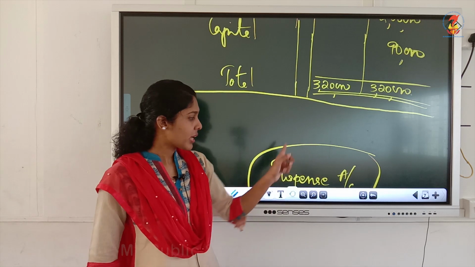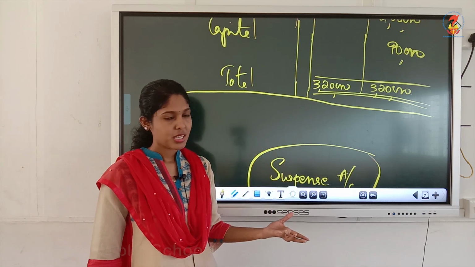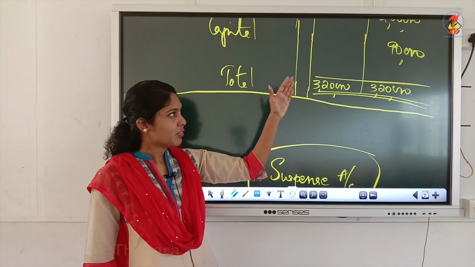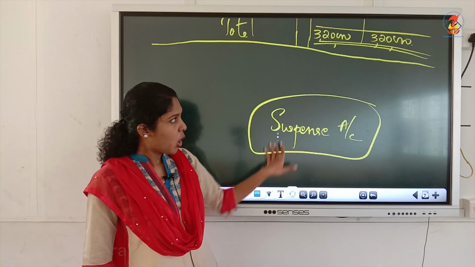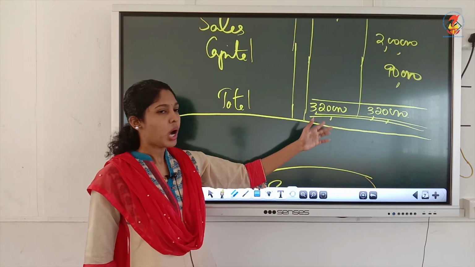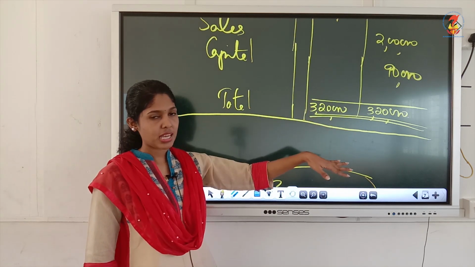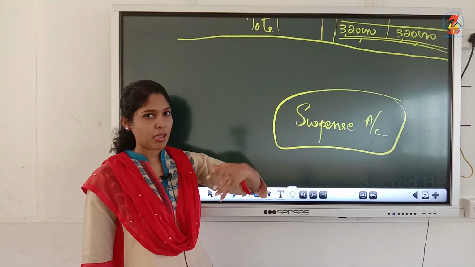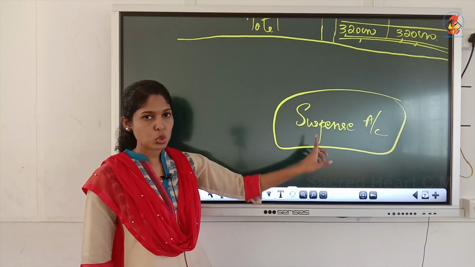But that time do not write suspense account, you will not get marks because that is your mistake. Understood? But even if all entries are made correctly and you are still getting the debit and credit sides different, in that case, you can transfer the difference amount to suspense account.